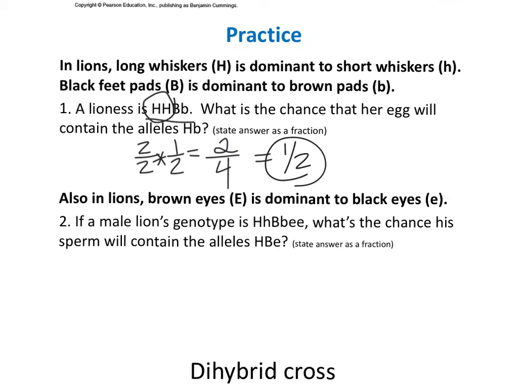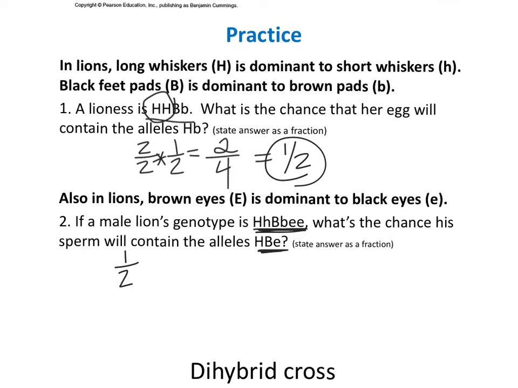Question number 2. I've got brown eyes and black eyes also added into the picture, and I have my male here. I want to figure out the chance of his sperm containing this combination. So I'll go through each letter separately. The chance of sperm containing big H is a 50-50 shot because he could pass on big H or he could pass on little h.